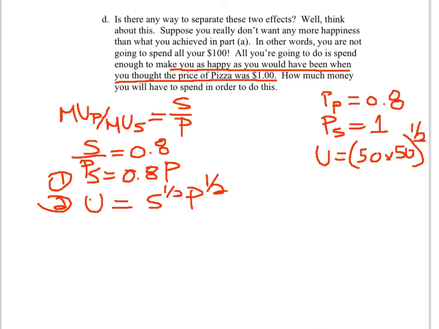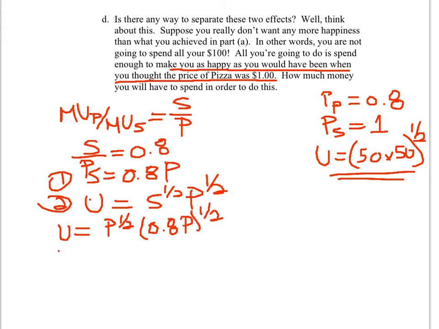So now you have two equations and two unknowns. Remember, you know U, so you only have two unknowns. So you can replace one into the other. The easiest is to take the utility function and replace S with 0.8 P. So that's going to be P to the 1/2 times 0.8 P to the 1/2, which is going to be equal to U. It's going to be equal to P times 0.8 to the 1/2.